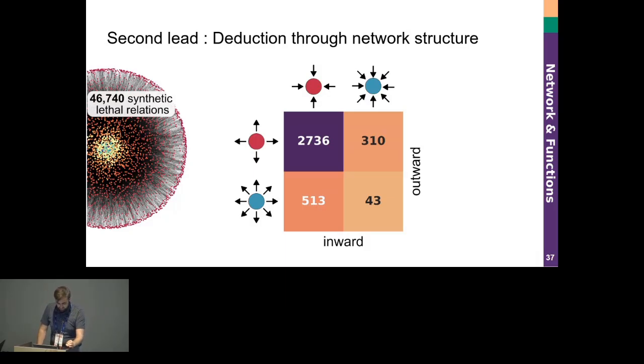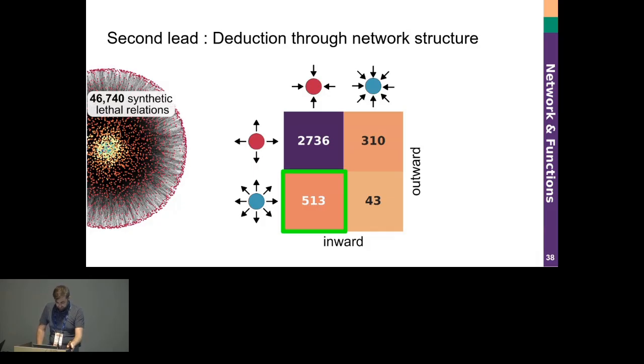On the x-axis, nodes with inward arrows represent genes that are affected by others, and on the y-axis, nodes with outward arrows represent genes that affect others. I'd like to draw your attention to the 513 genes with above average outward connections and below average inward connections. This indicates that many genes are unilaterally responsible for causing essentiality.